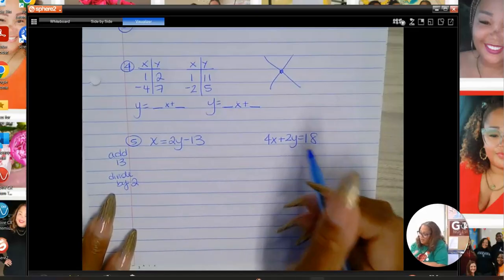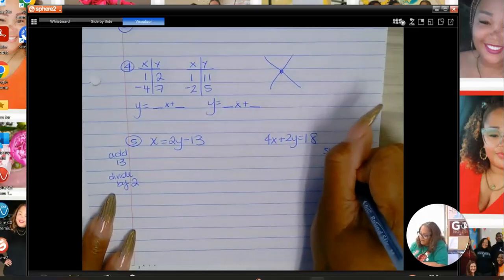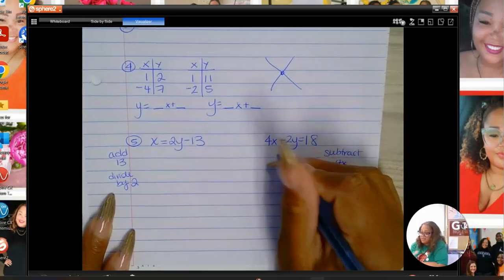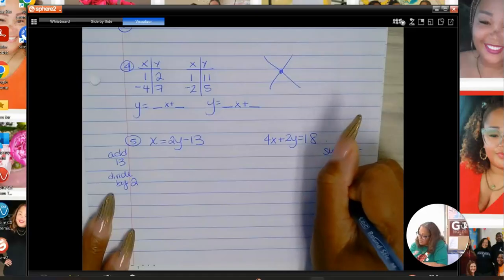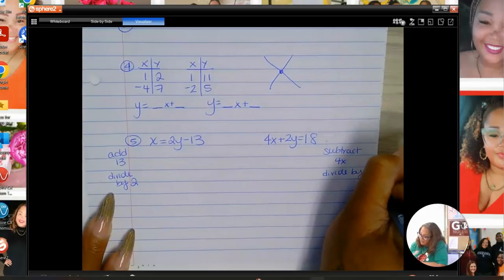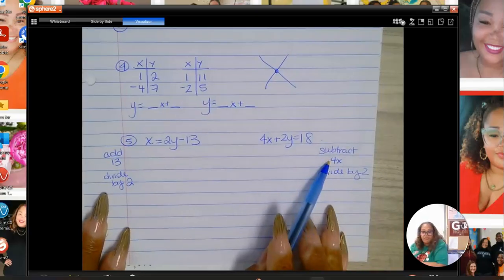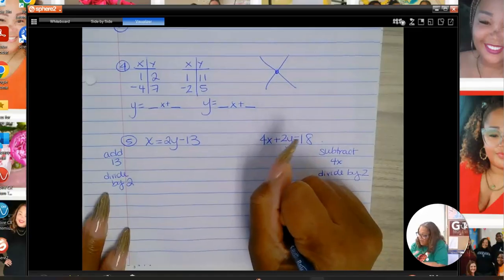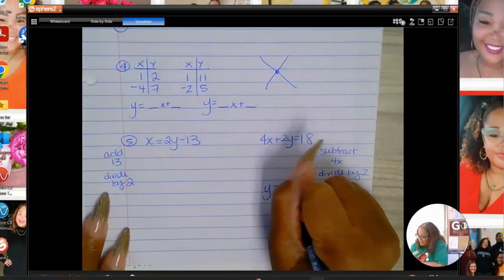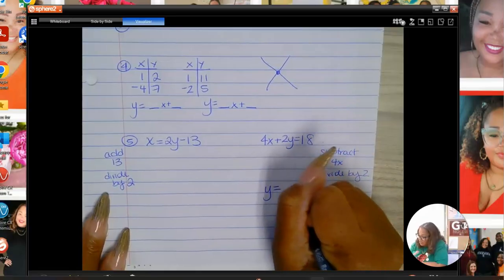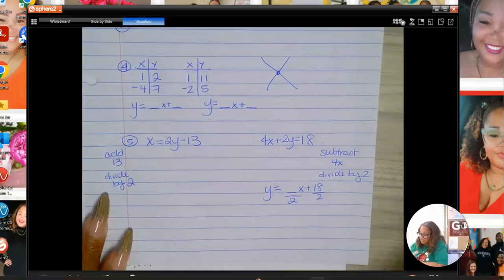Over here, we must subtract 4x from both sides, which means your 4x then becomes negative, and then divide by 2 again. So we'll cut that negative 4x in half, and we'll cut this 18 in half. And then you'll get y equals something x plus 18 divided by 2 divided by 2.